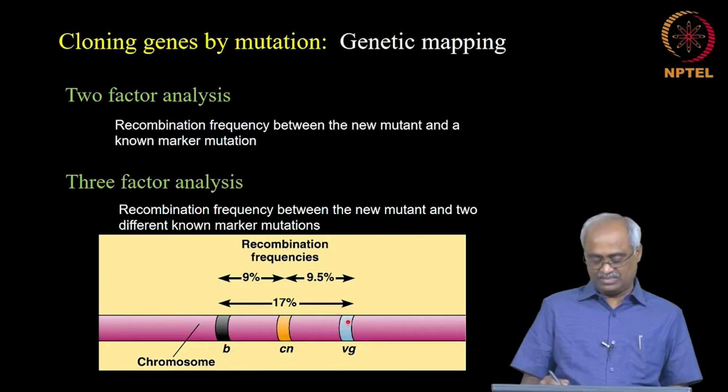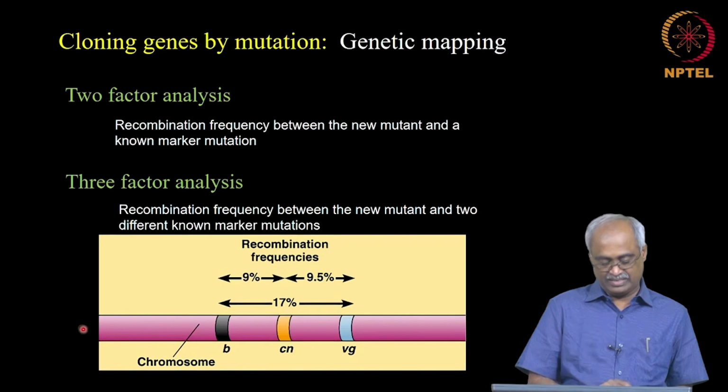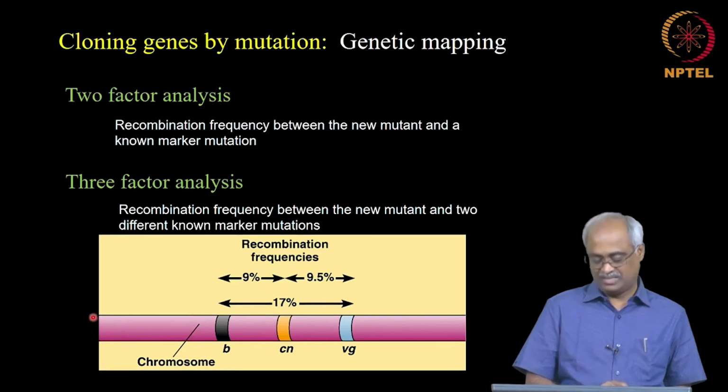So, imagine vestigial was on this side, okay, and it is 17 centimorgan on this side. Now, when Cn gives you 9% with black, that is not contradicting your first conclusion that vestigial is on the right side.